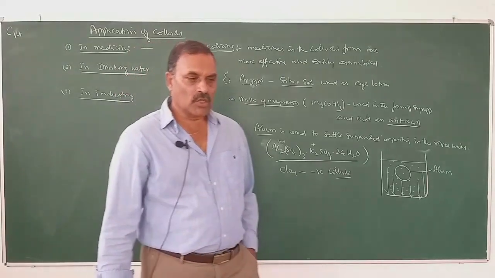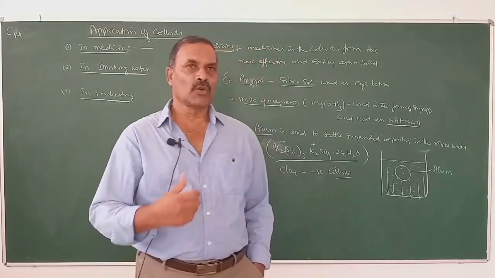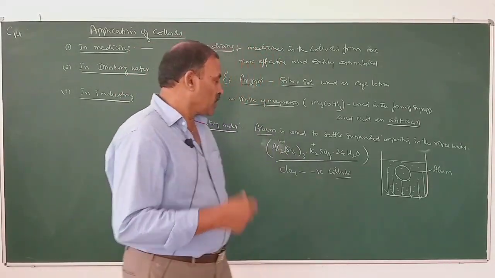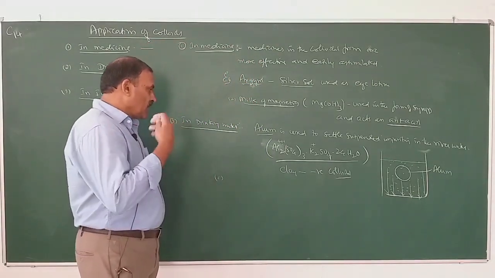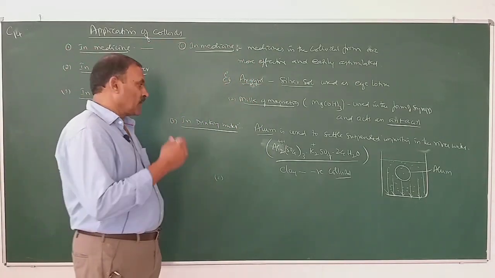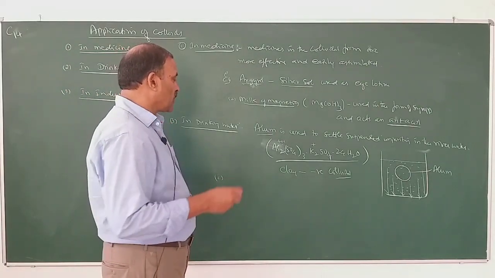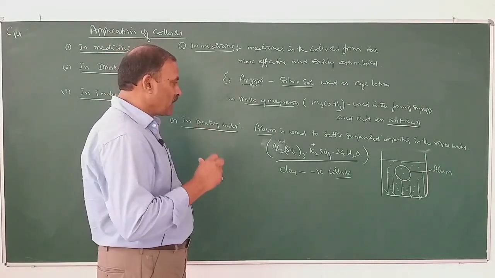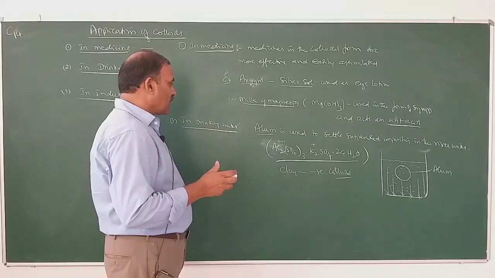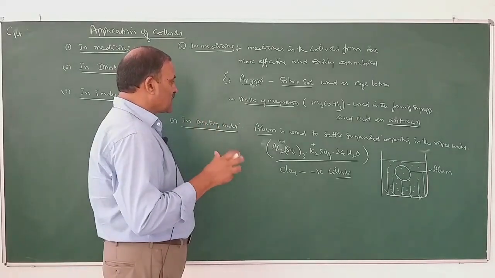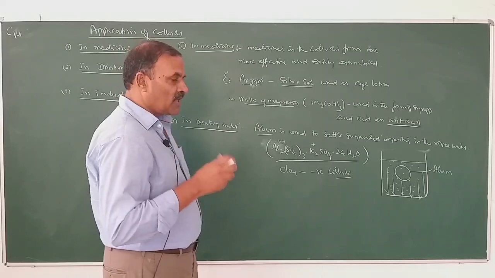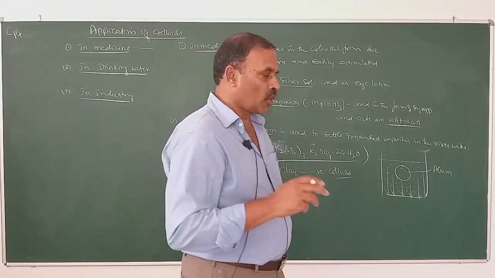So alum is also used in saloons or in cutting shops. During shaving, sometimes cuts will be formed and bleeding takes place. To stop bleeding, alum is touched. Alum coagulates the blood. As the blood coagulates, the bleeding stops.